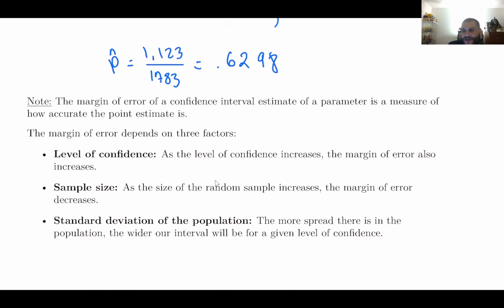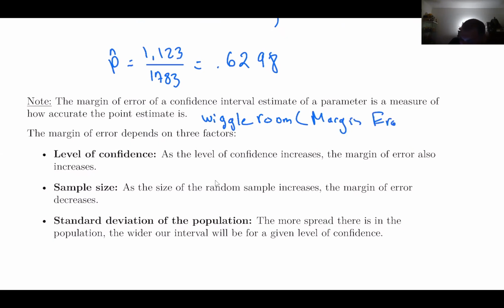So the technical term for that wiggle room in this chapter, we call this the margin of error. And if you pay attention to that word, margin of error, it's telling you how much room for error we have.